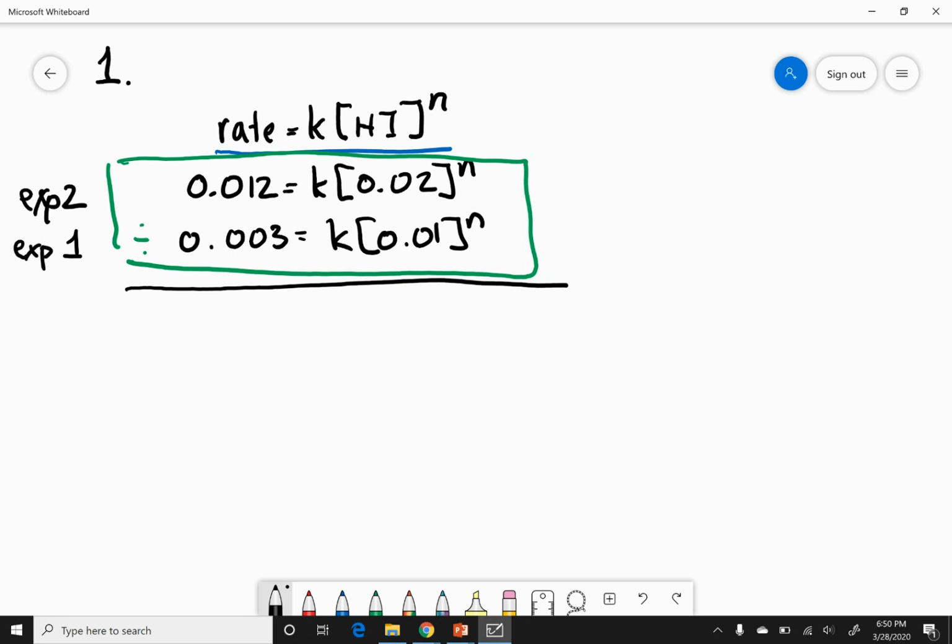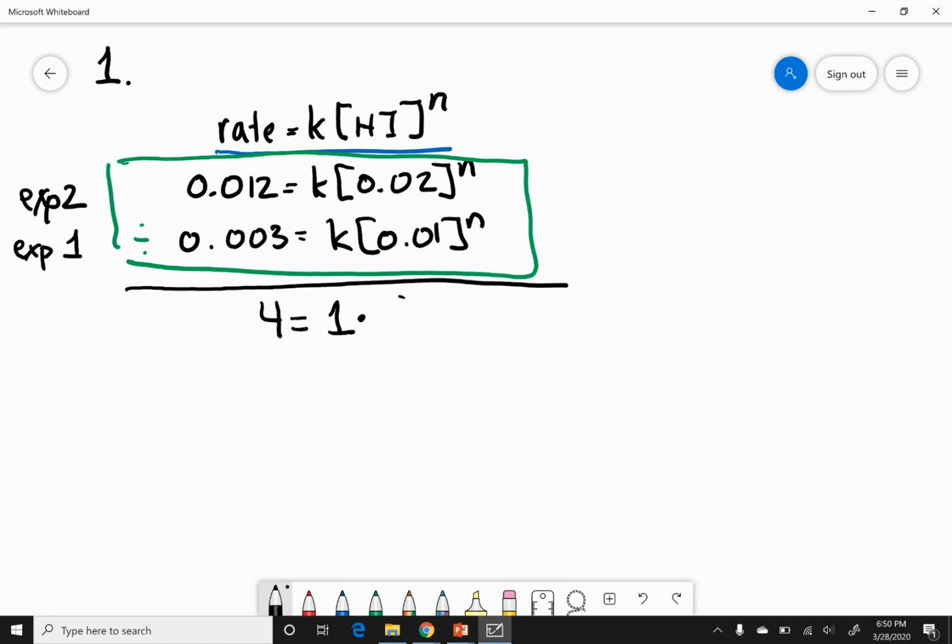So I'm going to do this piece by piece. 0.003 is going to go into 0.012 four times. And so the next thing I'm going to do is say k divided by this k is 1. And then I'm going to divide the next part, 0.02 raised to the n, divided by 0.01 raised to the n.